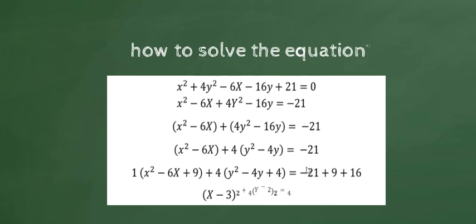Now the ellipse begins to take shape, but remember that it must always be equal to 1, so we must change that 4 to 1. A squared is equal to 4, then a is equal to 2. B squared is equal to 1, then b is equal to 1.